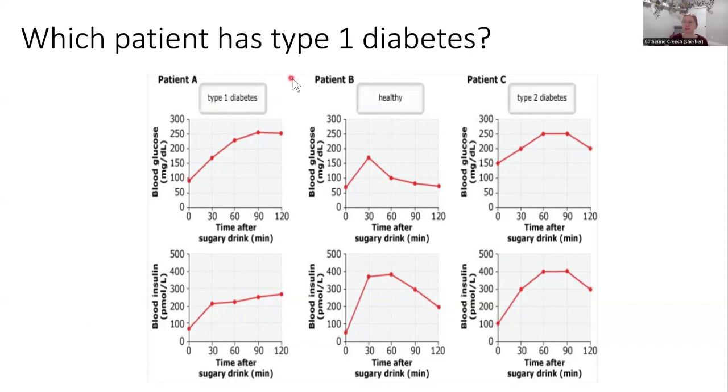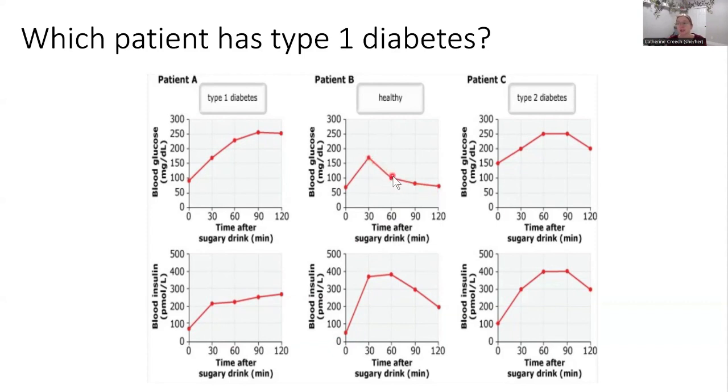All right, the person in the center, patient B, they're the one without diabetes. They have a spike right after they had their sugary meal. And coinciding with that spike, there's an increase in insulin levels. Once the insulin is in the bloodstream, that allows those GLUT4 receptors to activate, and they will start to pull the sugar out of the bloodstream into the cells.